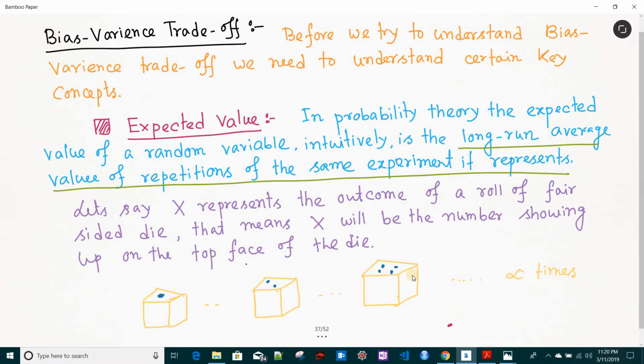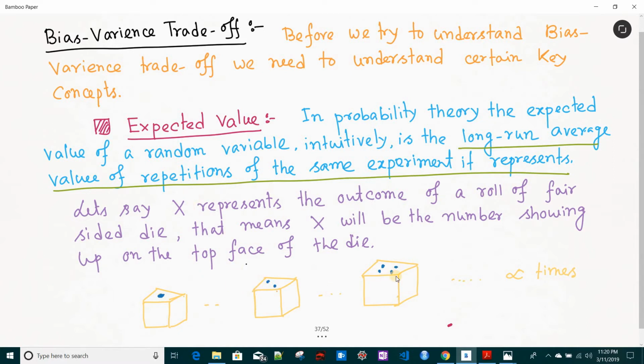If we do this experiment infinitely and take the average of it, that average value is our expected value. It can be proved that this average converges to the mean value of whatever values this random variable can take.